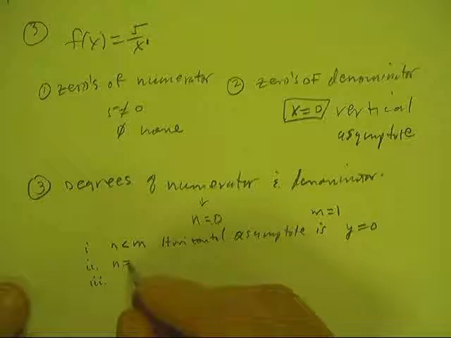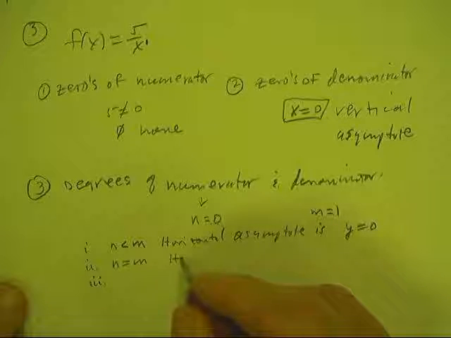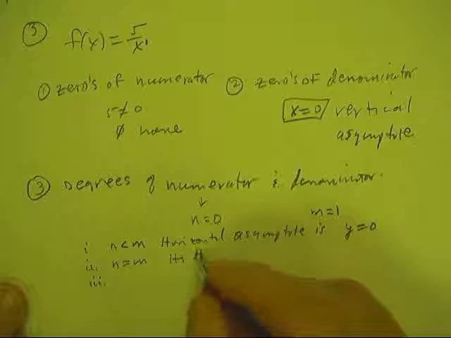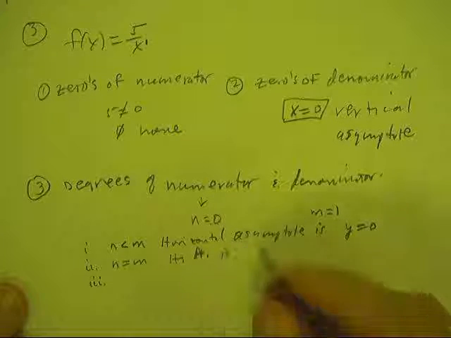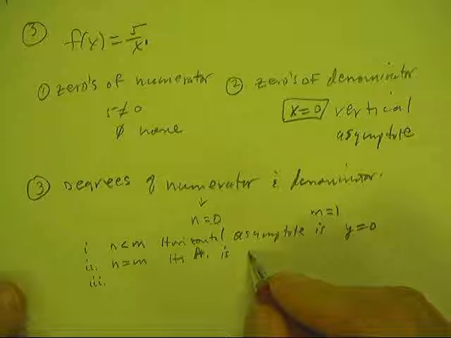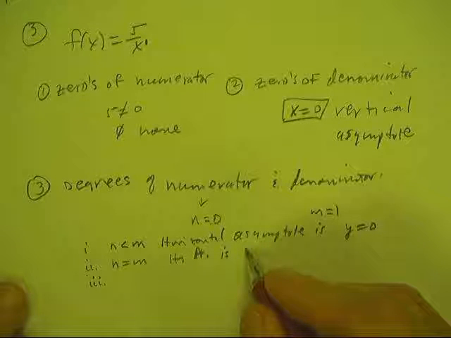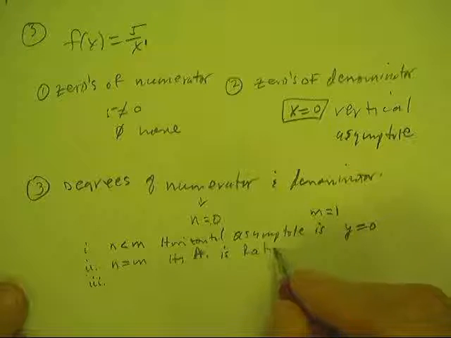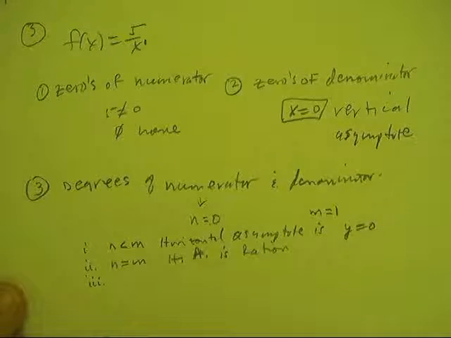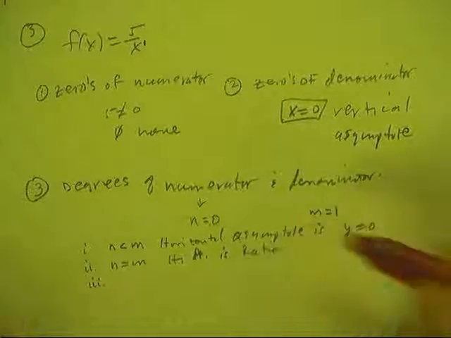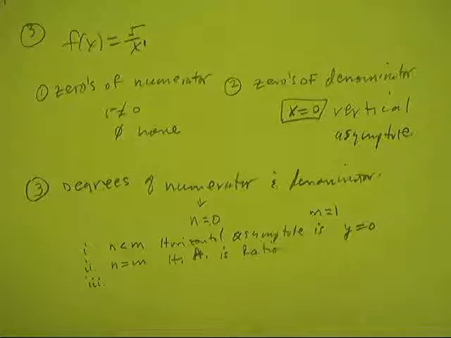Okay, if n is equal to m, your horizontal asymptote is the ratio of leading coefficients.